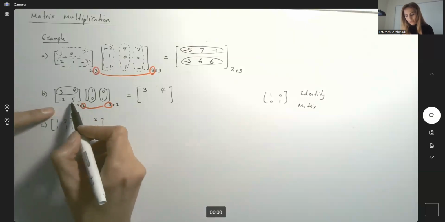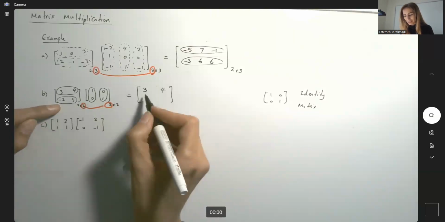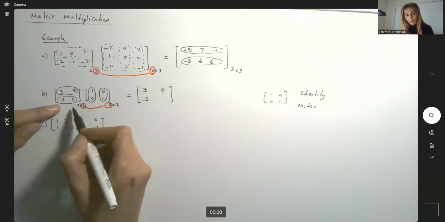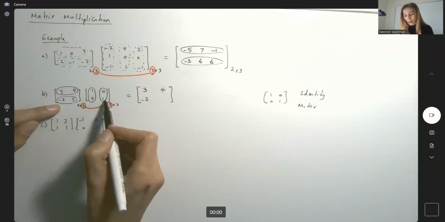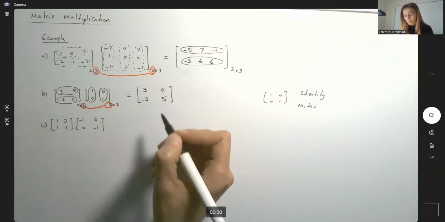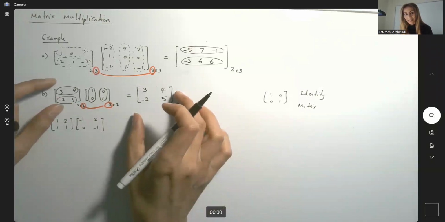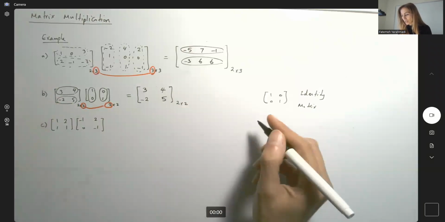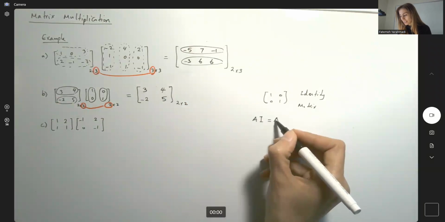Then we move on to the last row. -2 and 5, dot product with the first column. -2 times 1 plus 0, -2. And you're going to do the same process between the last row and the last column. -2 times 0 plus 5 times 1, 5. You have a 2 by 2 matrix, which is exactly the same as the original matrix. So A times I is equal to A itself.